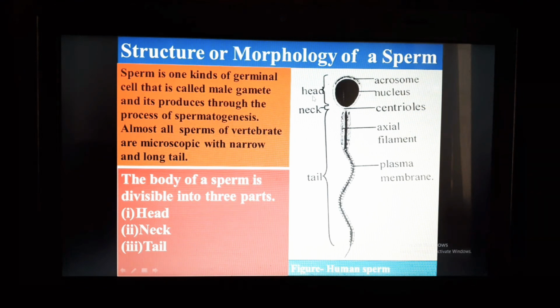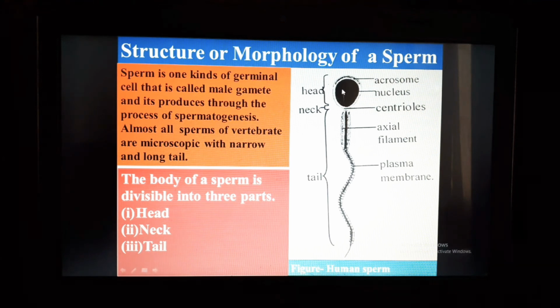The anterior or spherical part of the sperm is called head. Most of this structure is filled with the nucleus. Dear students, I repeat this. The anterior spherical part of the sperm is called head. Most of this structure is filled with a nucleus of haploid chromosomes.